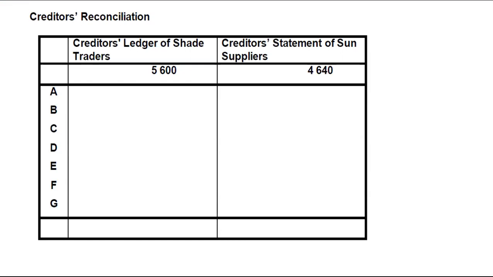So you prepare the creditors ledger, whatever we need to correct in the creditors ledger, you're going to put it under the creditors ledger column. Whatever you need to prepare in the creditors reconciliation, we will prepare it under the creditors statement of suppliers. Know that if it increases what we owe, you put it without brackets. If it decreases what we owe, you put it with brackets. And the totals that you get here must be the same, okay?